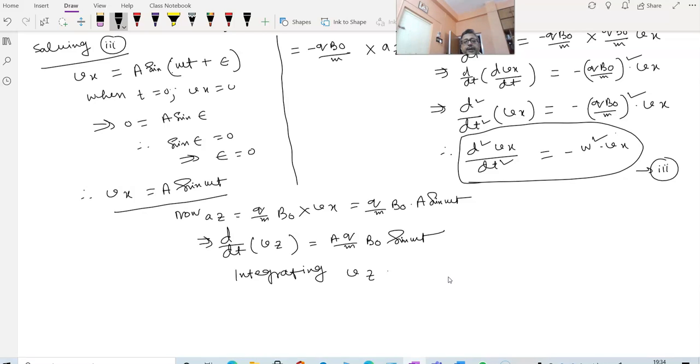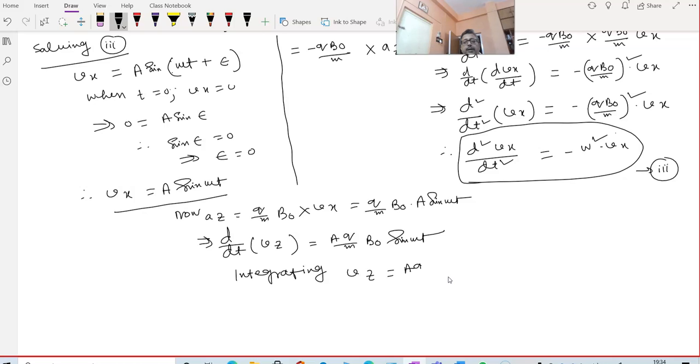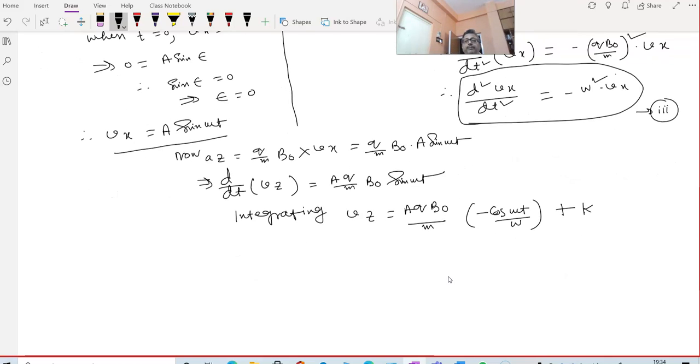integrating, Vz will be A Q B0 by M into minus cos omega t by omega, plus the integration constant, you take K. We can find the value of K also here when t equal to 0.